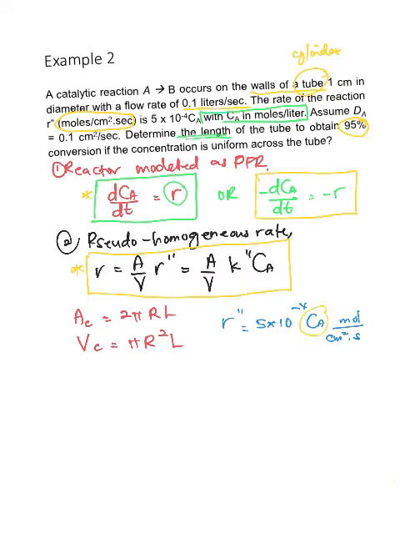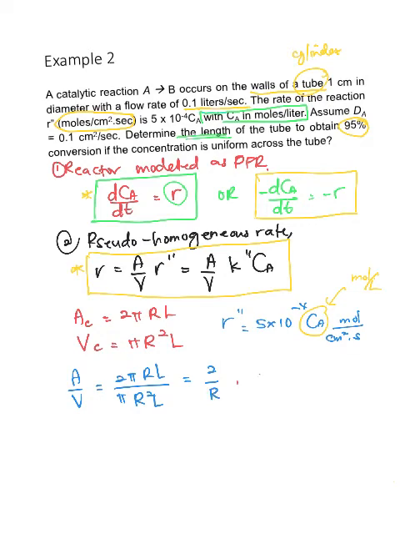But the unit of Ca is in mole per liter. Okay, then we solve for A over V. A over V equal to 2 pi RL divided by pi R square L.